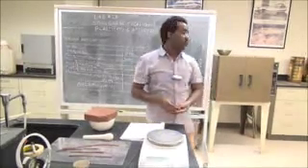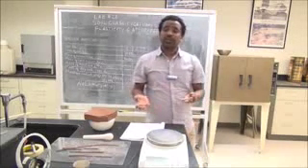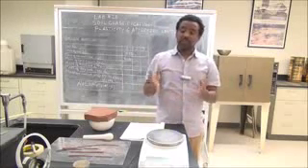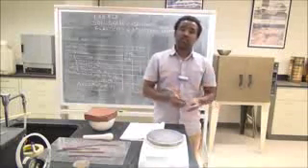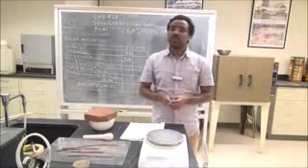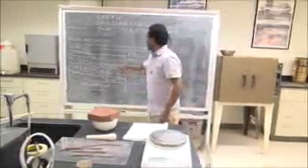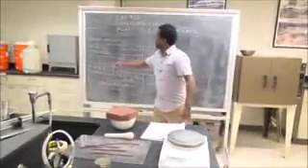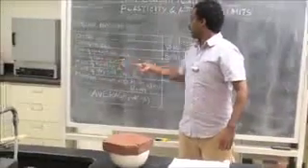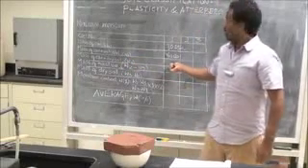So what we have will be only the mass of the container, which is the moisture can, and the dry soil. Once after 24 hours, we record the mass of the can plus the dry soil.